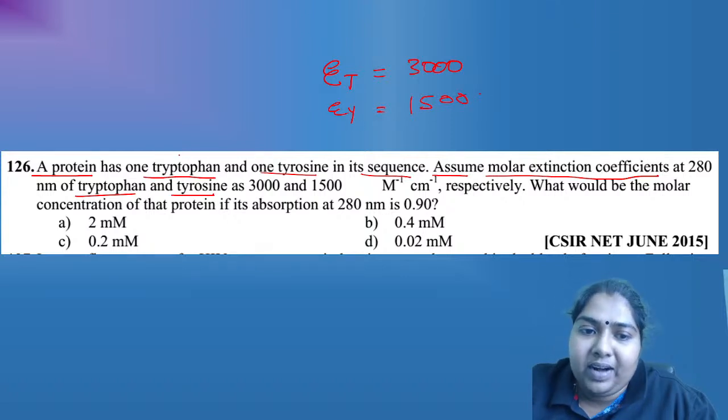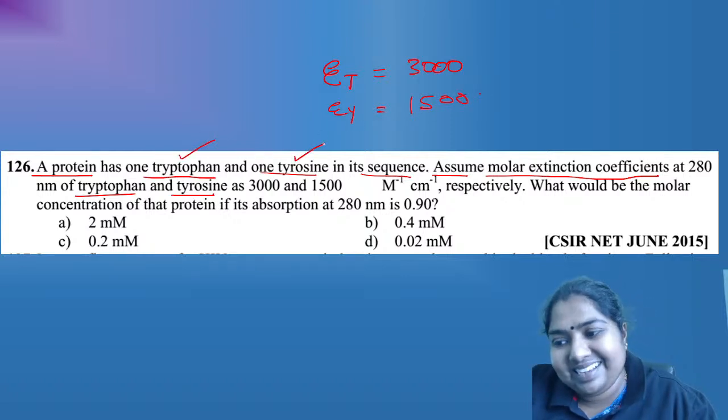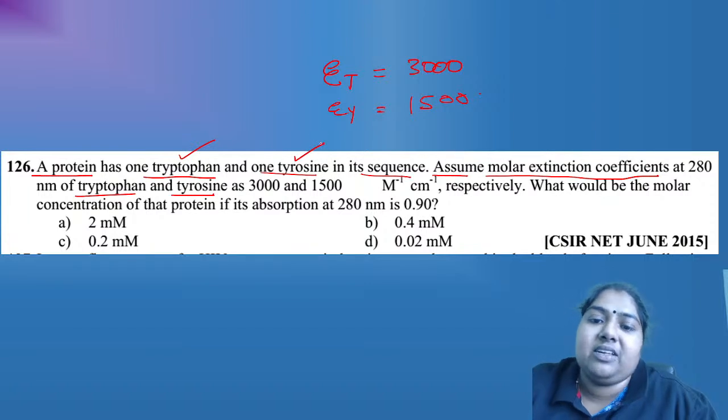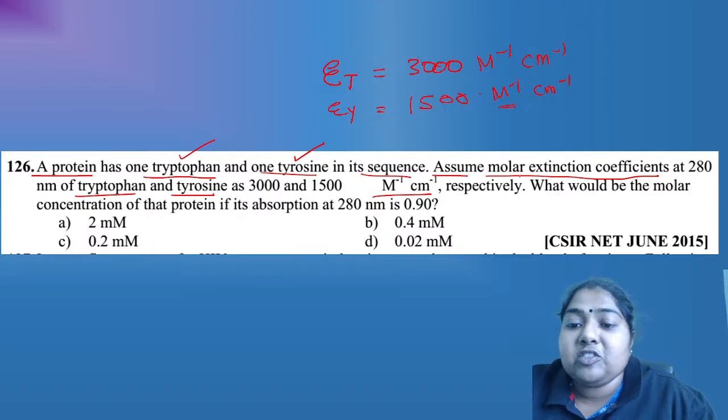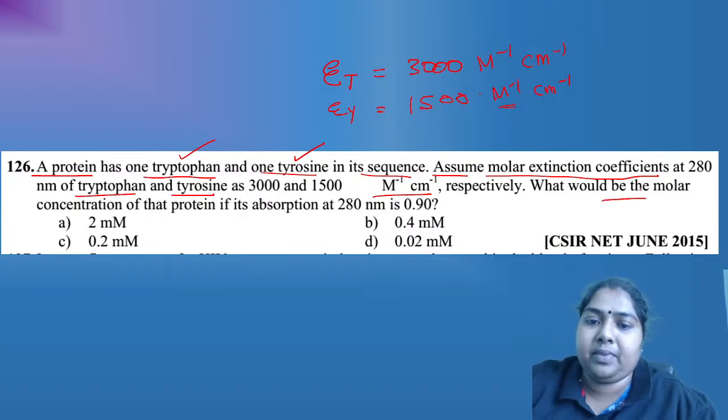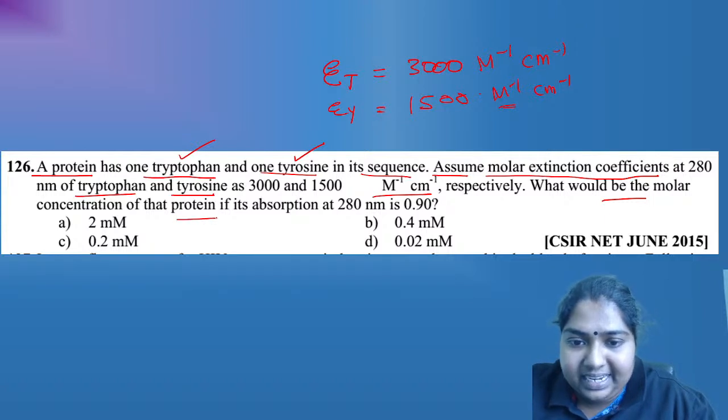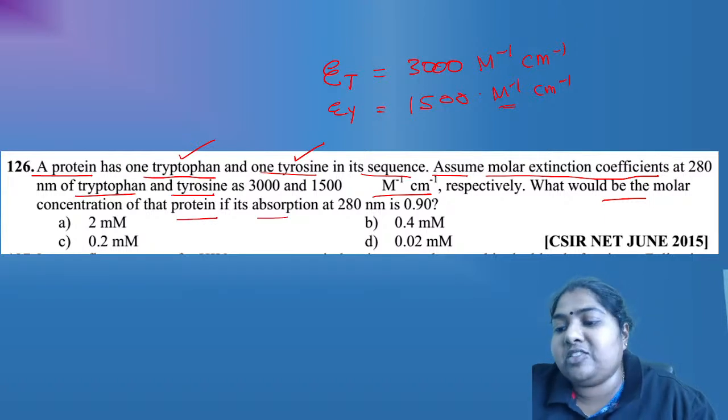The unit is M^-1 cm^-1, so you have to take concentration in molar. What would be the molar concentration of the protein if its absorbance is 0.90?